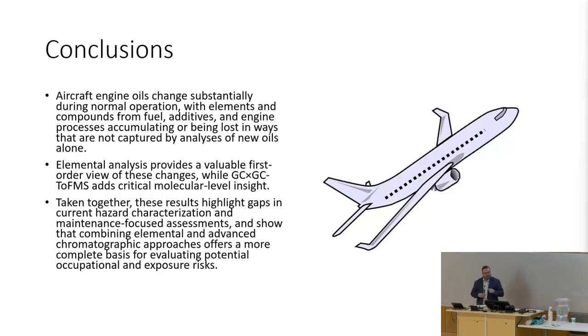Using our elemental analysis gave us a useful first look at what we could look for in the patterns, but getting down to the compound level with GCxGC and having the resolution power to separate out the things that we were looking for really played a major role in setting up the trends. So yeah, the aviation oil space is an interesting one. It's one that we'll keep doing work in, and it was pretty interesting.